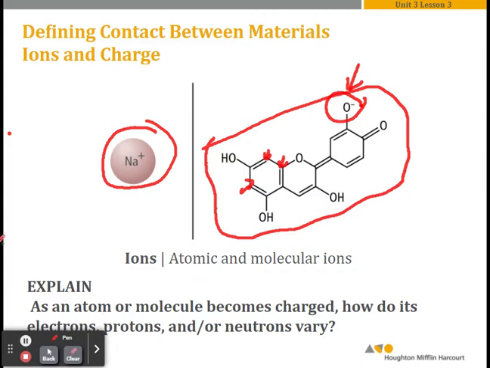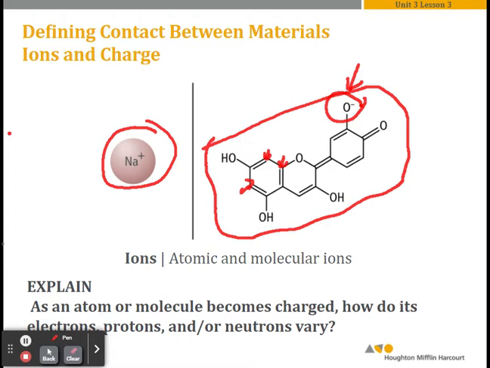So the question is, as an atom or molecule becomes charged, how do its electrons, protons, and or neutrons vary? Well, the protons and neutrons are in the nucleus. They're usually unchanged. It would take a nuclear reaction or nuclear decay to change the nucleus.